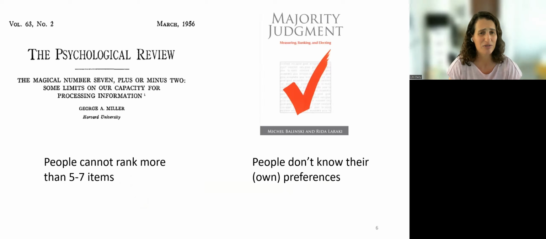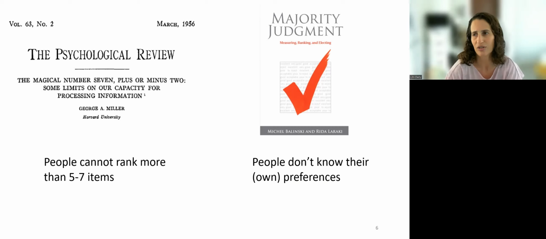This is based on previous research. Research says that people cannot rank more than 5 to 7 items. And research also says that people often don't even know their own preferences, okay? So they need to put a lot of thought into it, and still they will have a problem if I ask them to rank more than 5 to 7 projects or items.